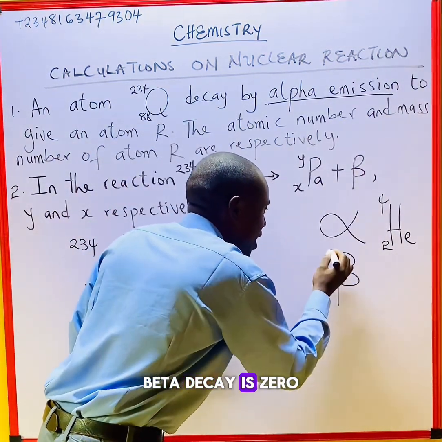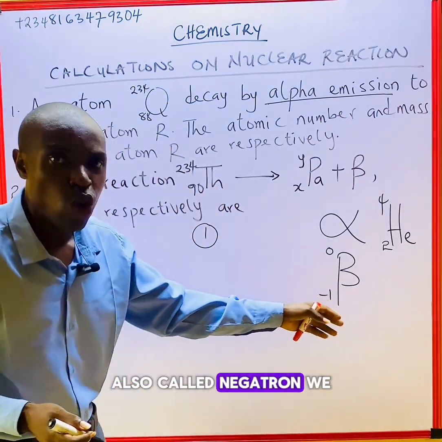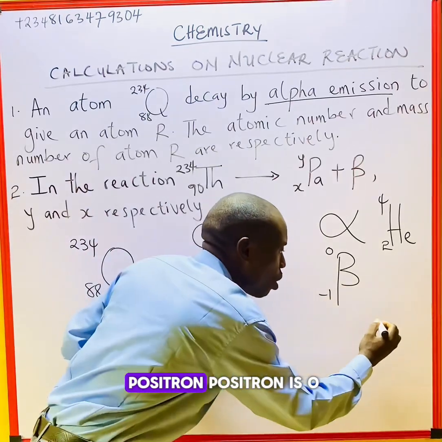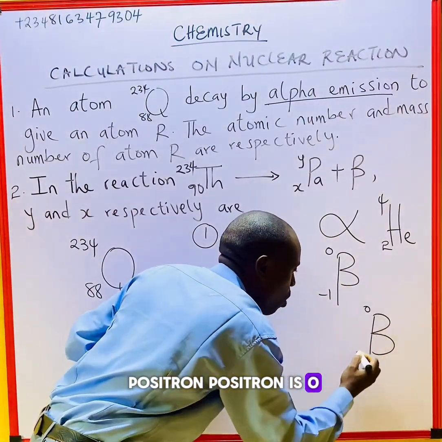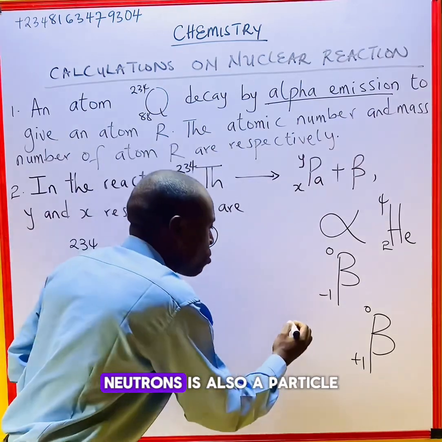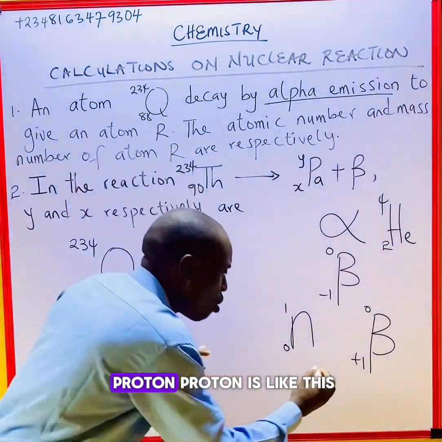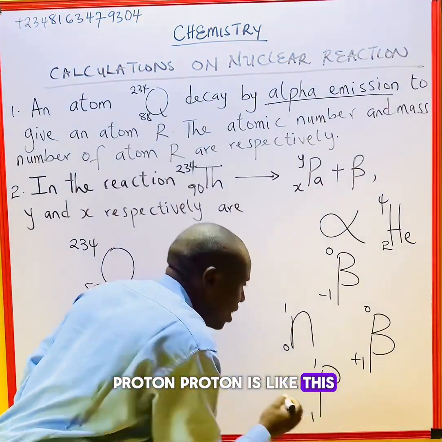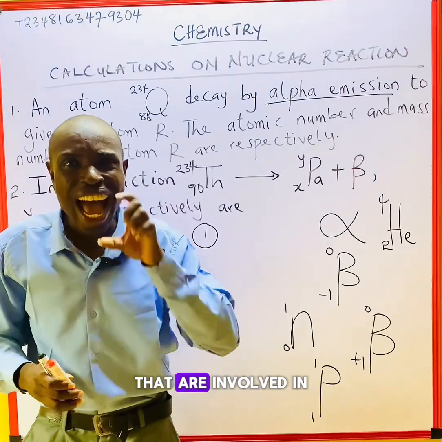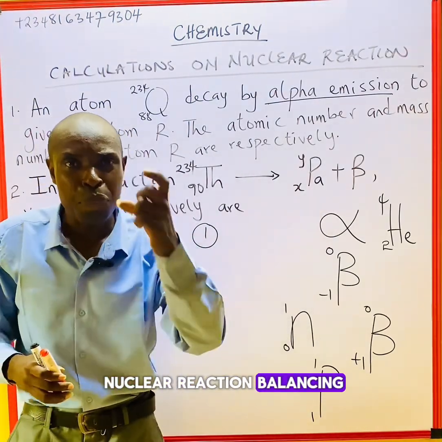Beta decay is 0, minus 1, also called negatron. We can also have positron. In the case of positron, positron is 0 and plus 1. We can also have neutrons. Neutron is also a particle. We can also have proton. Proton is like this. All these are the particles that are involved in nuclear reaction balancing.